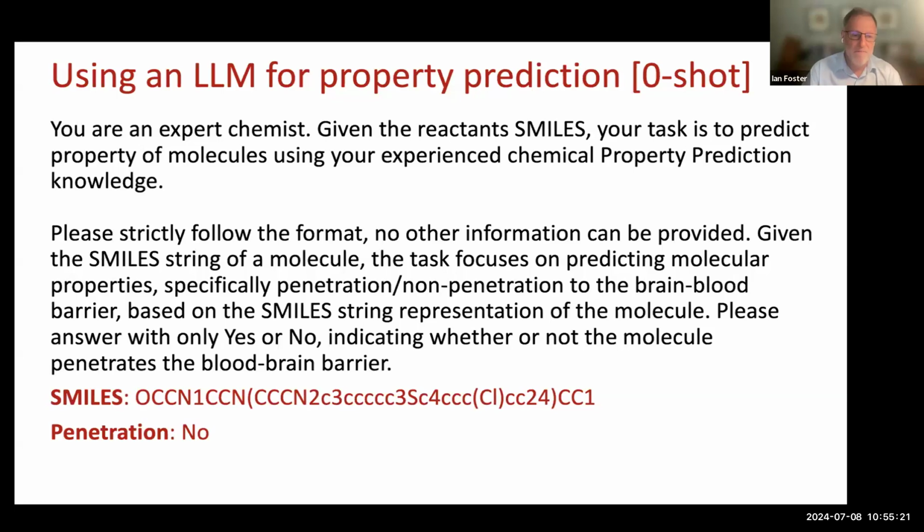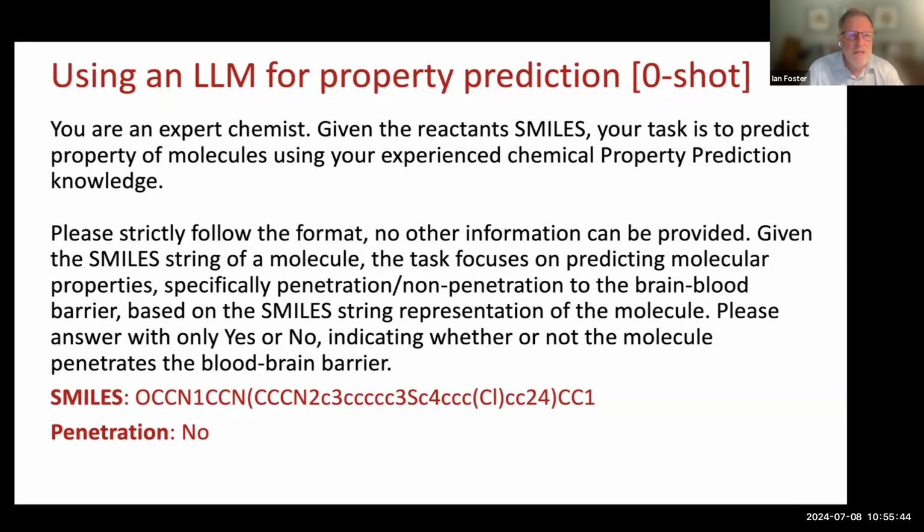So we simply pose that question, supply a SMILES string, and ask it to predict whether or not it penetrates the blood-brain barrier. It says no, at least when I tried it yesterday. This is GPT-4o, I believe, and that is not correct. So it gets this wrong.